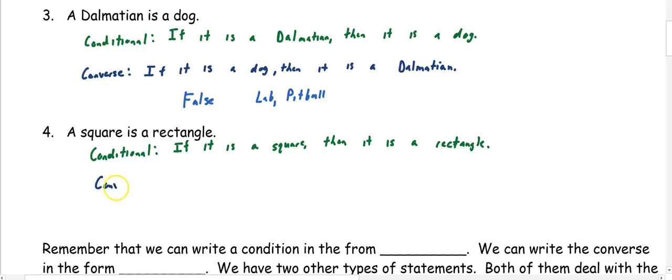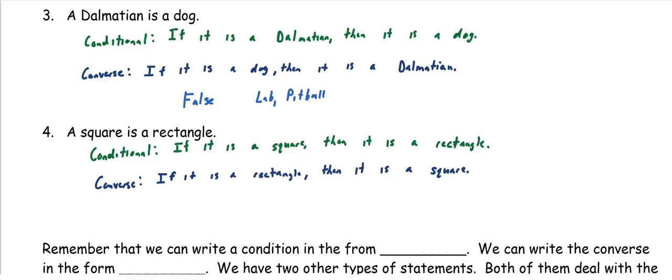So now we're going to say if it's a rectangle, then it's a square. This statement is also false because rectangles don't always have to be squares. So if I draw a picture and I say my sides are 3 and 5, this would be a rectangle because opposite sides have the same length, but it would not be a square because all four sides aren't the same.